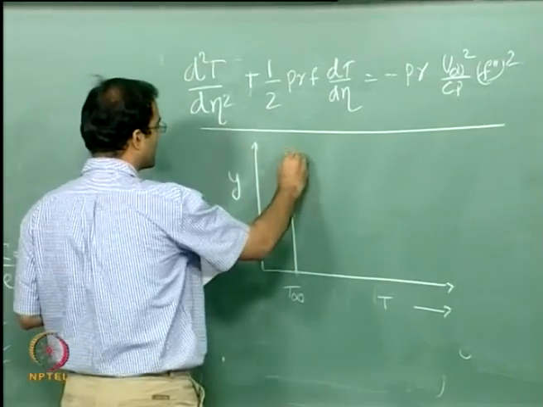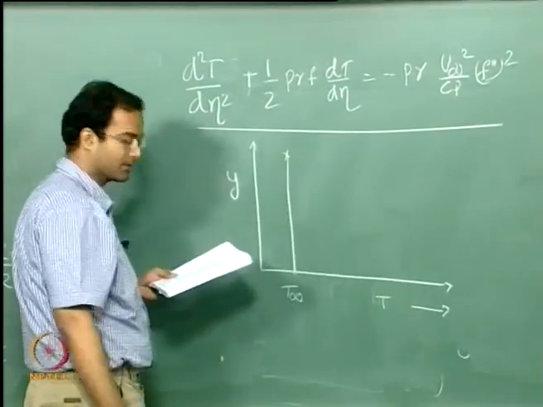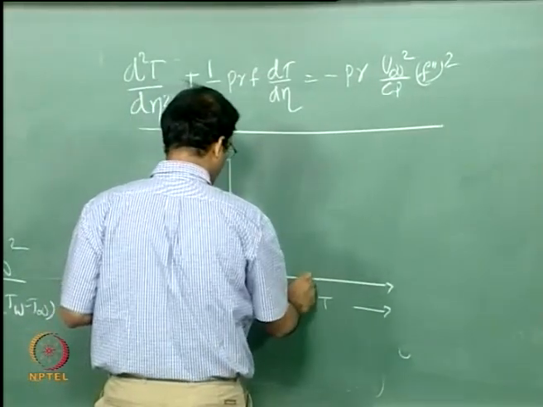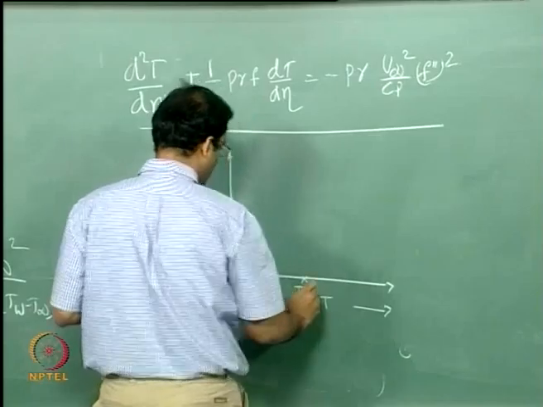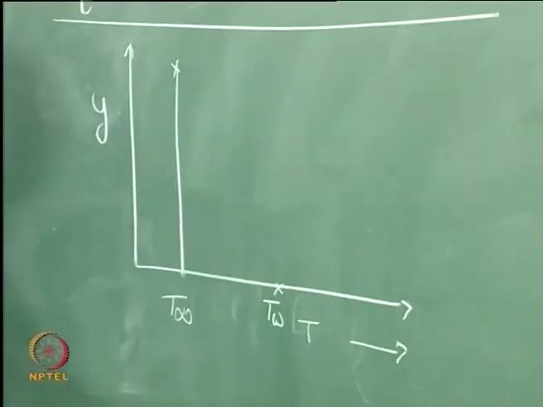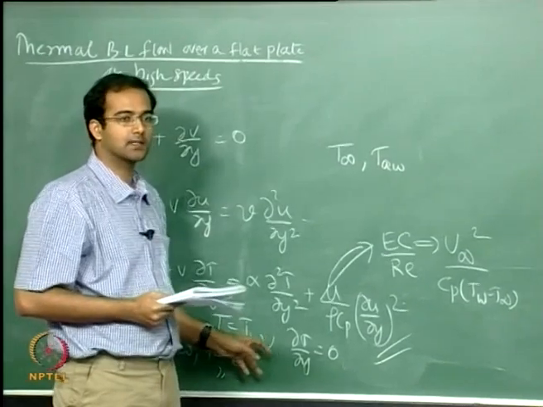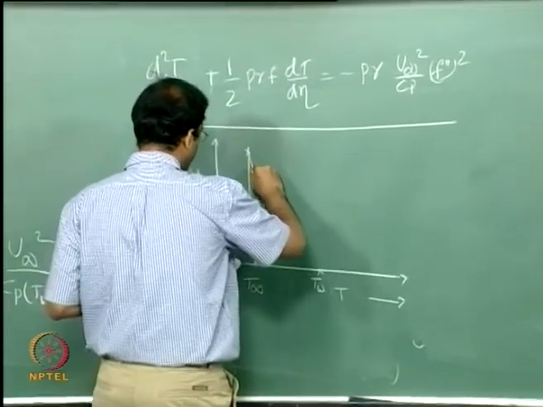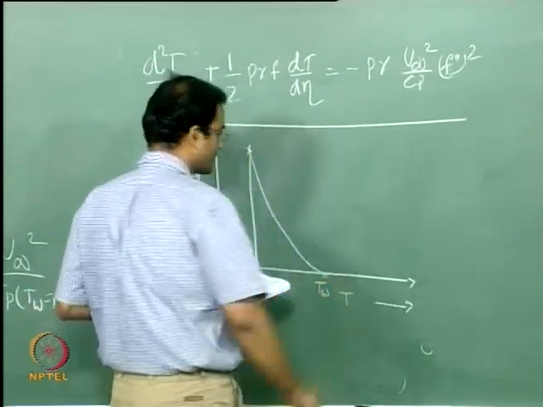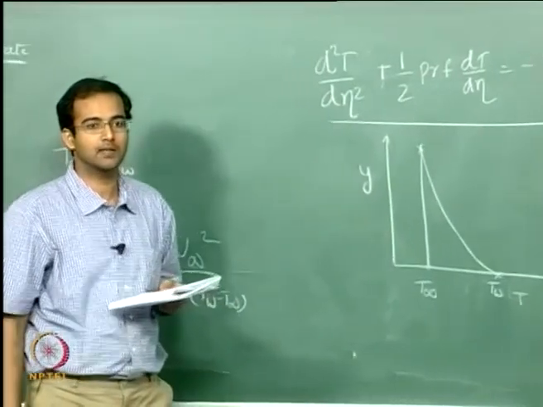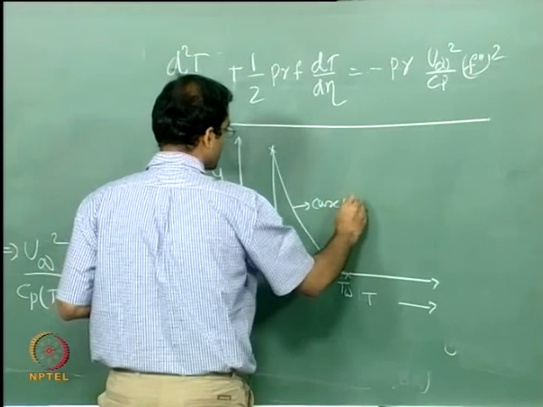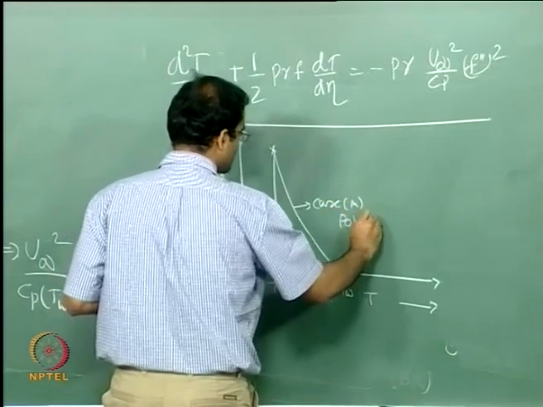From there, as I said, problem number 1 is solving this without the viscous dissipation with constant wall temperature. That is the Pohlhausen solution. How will you get your temperature profile? It will be like this, right? This is the variation for case 1 or problem 1. This is nothing but your Pohlhausen solution.